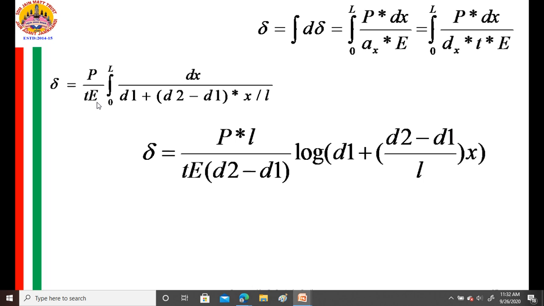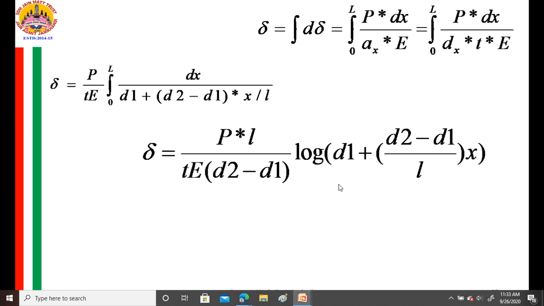What is left out? First you have to integrate the term 1 divided by dx. What is the integration of 1 divided by dx? Log of dx. The value of dx is d1 plus (d2 minus d1) divided by L into x.